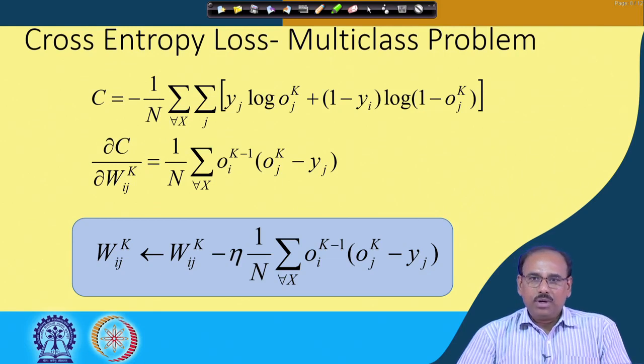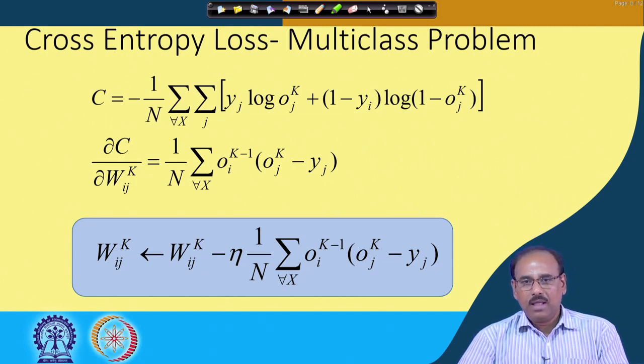And when I want to use this concept of cross entropy loss, then the outputs are to be obtained in a probabilistic sense, in the manner that Oj should give me the likelihood that Yj is equal to 1.